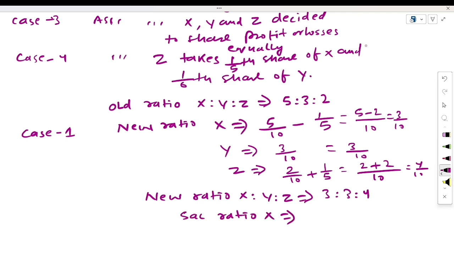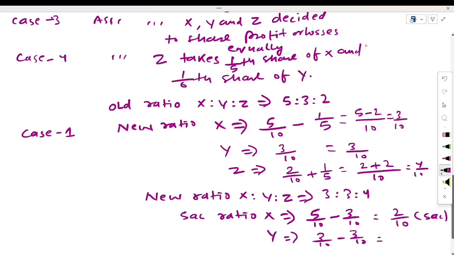If we are calculating the sacrificing ratio, what would be the formula? Old ratio minus new ratio. So here 5/10 minus 3/10, that is 2/10. X is sacrificing. For Y, 3/10 minus 3/10 is 0/10.